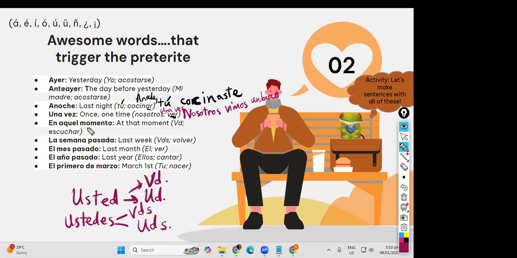En aquel momento, so at that moment, usted escuchó, escuchaste, escuchó. La música, la canción, the song.